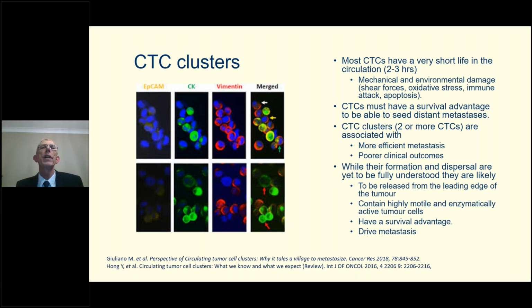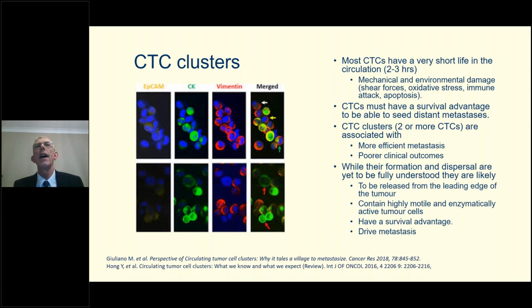And one of the ways in which circulating tumour cells might acquire that survival advantage is in the form of CTC clusters, 2 or more CTC cells that are released from the tumour. And certainly publications would suggest that when CTC clusters exist at a fairly high level within the blood, you generally see a more efficient metastatic process with poorer clinical outcomes.